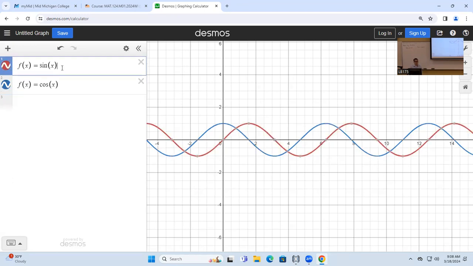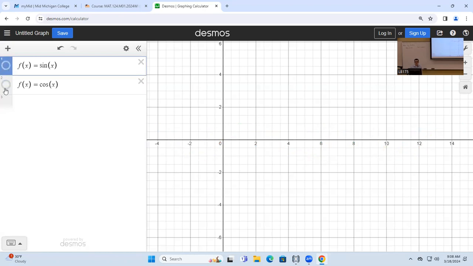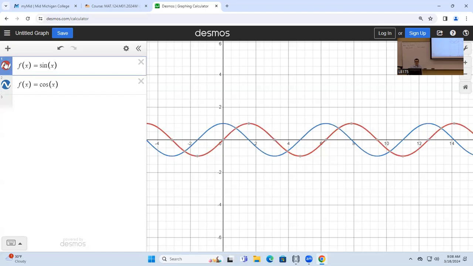So the red, which is sine wave, is going to track as you move around the unit circle, how far up and down you go. The blue, the cosine, tracks how far left and right you go on the unit circle. That makes sense? But again, they're the exact same wave. So those are our base functions.